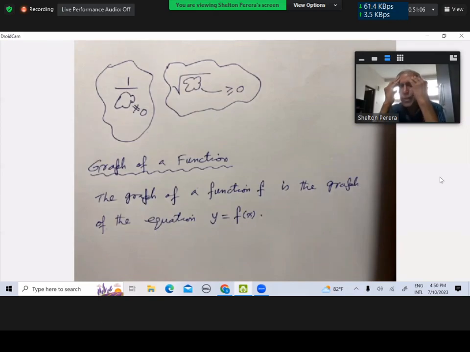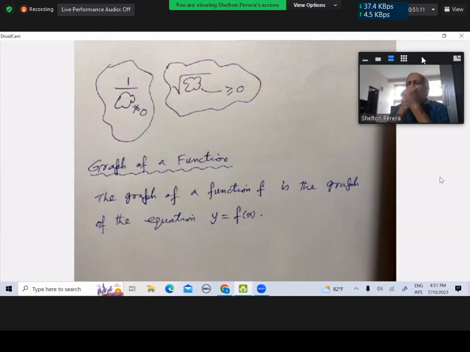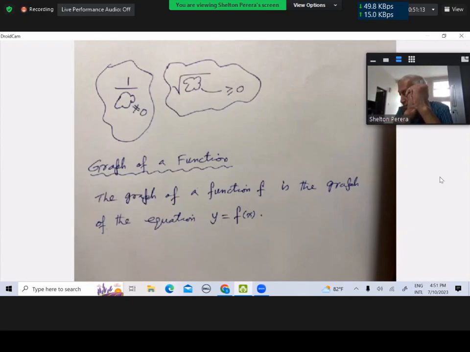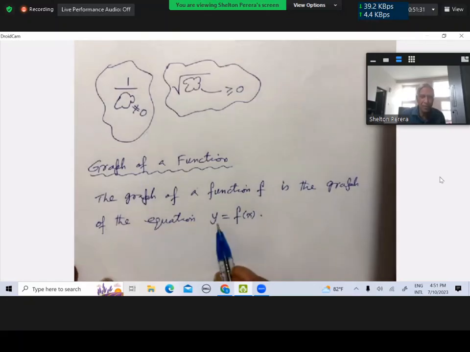We try to visualize them using input-output machines. But now we are into a new concept, graph of a function. The graph of a function is the graph of this equation. This is the equation in x and y that lies in the xy plane. Graph of the equation is the collection of points x, y satisfying this equation.